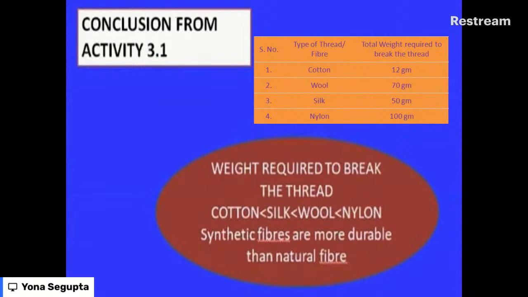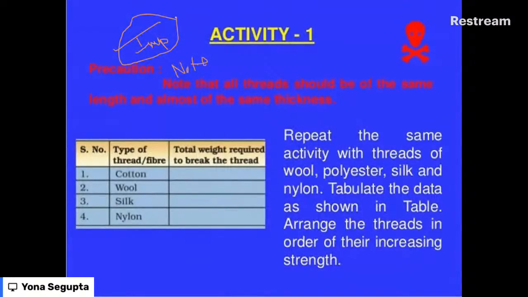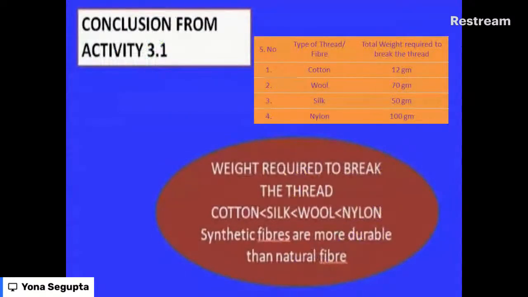Cotton can break at 12 grams, wool at 70 grams, silk at 50 grams, and nylon at 10 grams. So here the task is to arrange them in increasing order.